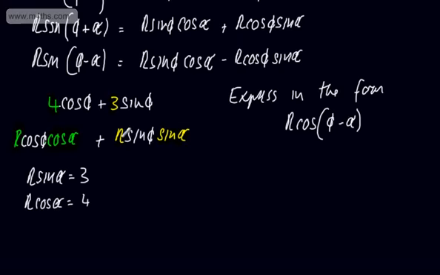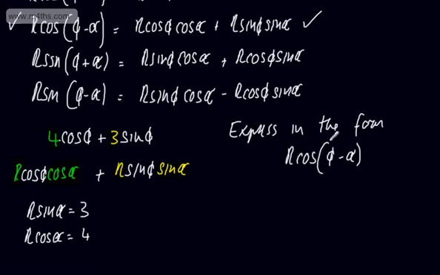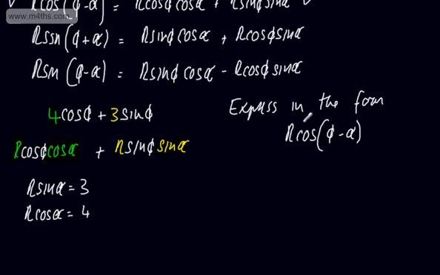So if we look at this form, r cos of theta minus alpha, this is the cosine function stretched in the y direction by a scale factor of r, and then translated horizontally to the right by a value of alpha, assuming that alpha is positive. The general convention is when we put it in this form, alpha is an acute angle and r is positive, and we'll look at that as we go.